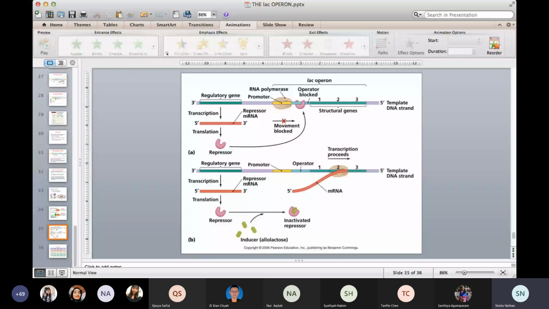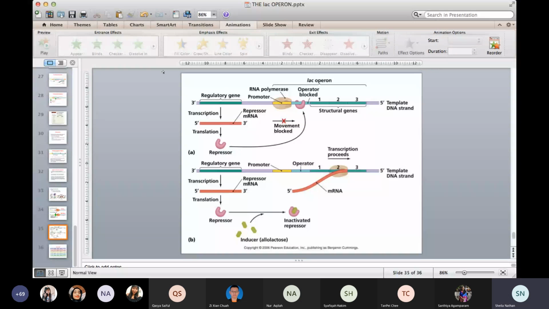Even if the RNA polymerase can bind a little bit to the promoter, it cannot pass through this big structure, which is the repressor molecule bound to the operator. So movement of the RNA polymerase is blocked, and you do not get transcription of Z, Y, and A.